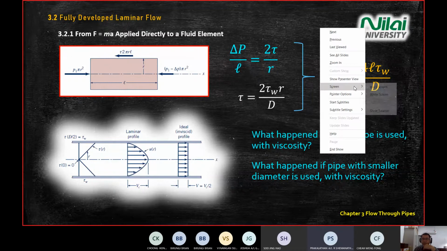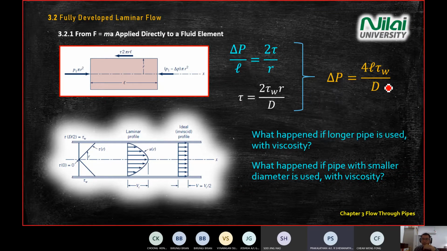So let me rephrase again. If you have a higher D, D increases means a bigger number. So you divide something with a bigger number, what do you get? 1 divided by 2, 1 divided by 4, 1 divided by 8. What will the number become, smaller or bigger? Smaller, right?